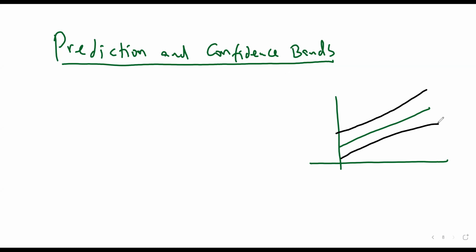It's like the tolerance. And when you have all the observations in the data, you may want to have some interval again containing most of the observations. So we have two types of bands here, the narrow band and the wider band.